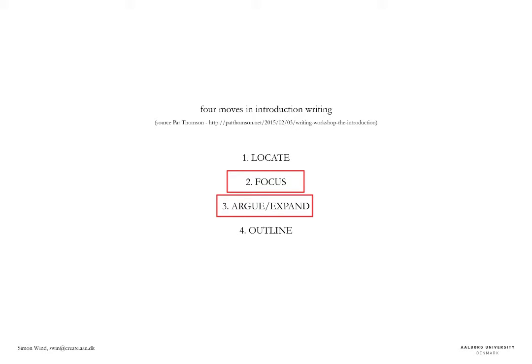And expand might also offer definitional work to create some boundaries about what is to be done. It might set out to talk about what other papers haven't, just to reinforce the niche that the paper contributes to, without of course being repetitive of what has already been stated in the locate part.